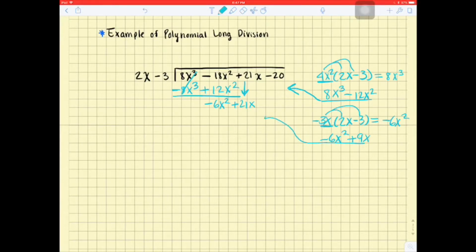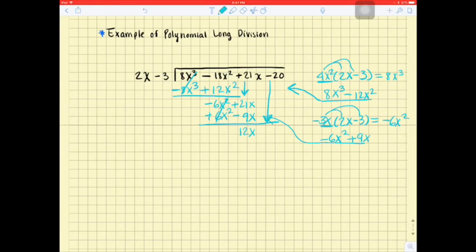And I'm just going to take this and plug it in here. Negative 6x squared plus 9x. And I'm going to need to flip every sign, remember? So positive, negative. These two are going to cancel out, and these two are going to give me 12x.